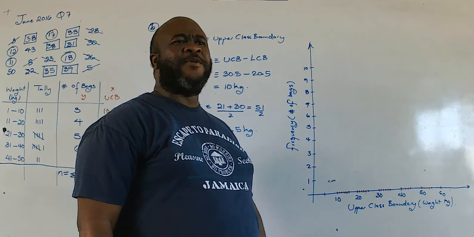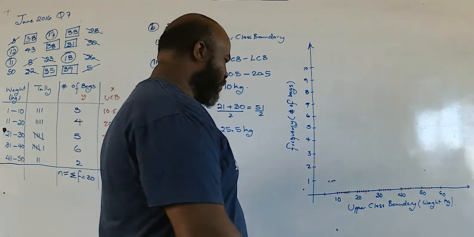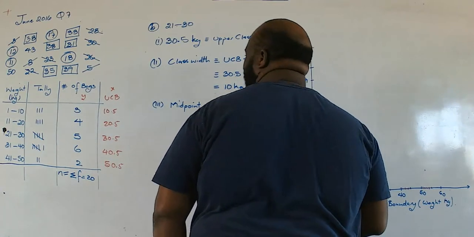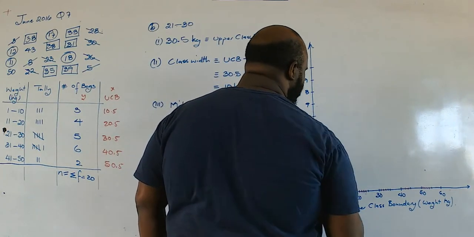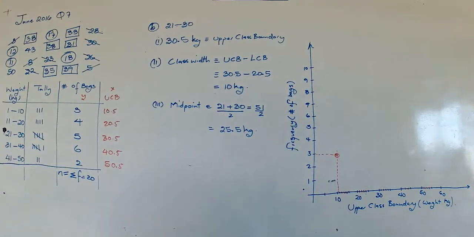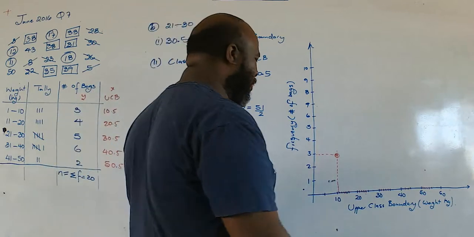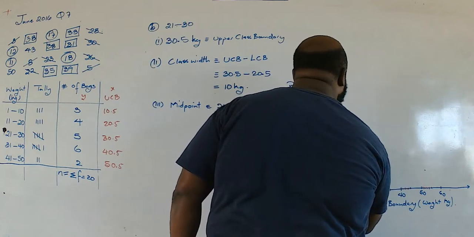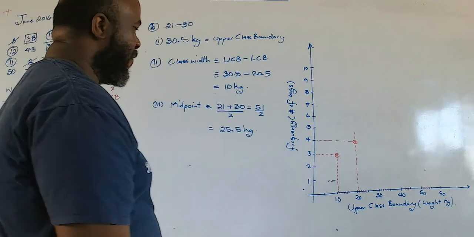It's between 10 and 11, so it does not fall directly on a line. And that corresponds to 3. The next one is 20.5, which is between 20 and 21, and corresponds to 4. 30.5 corresponds with 5.